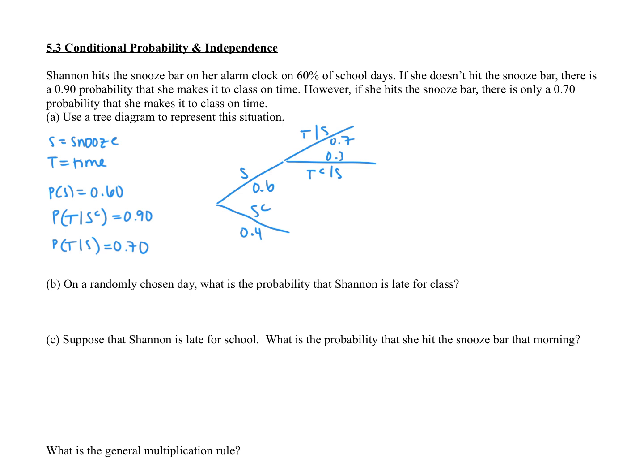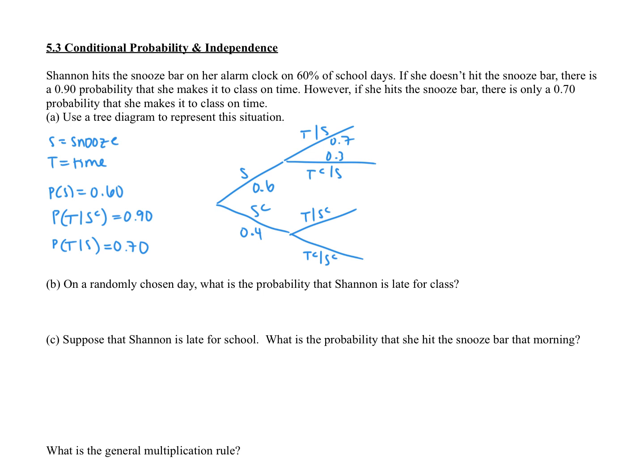So then down here, it's going to be the same idea. If she doesn't hit snooze, again, she can be on time or she's not on time. So this would be she's on time given she didn't hit snooze, or she's late given she didn't hit snooze.